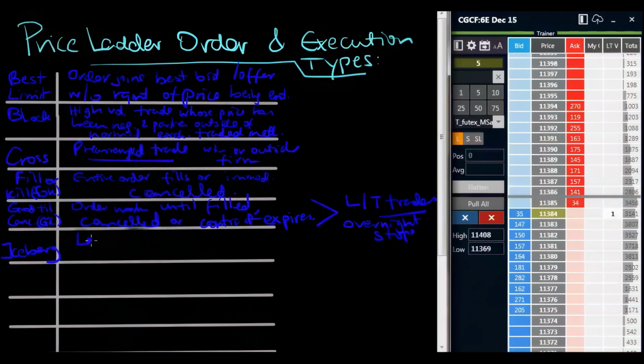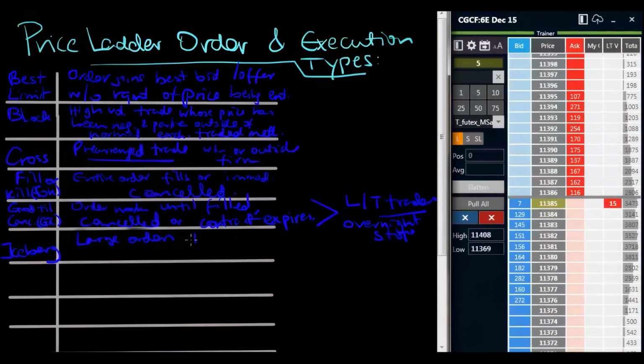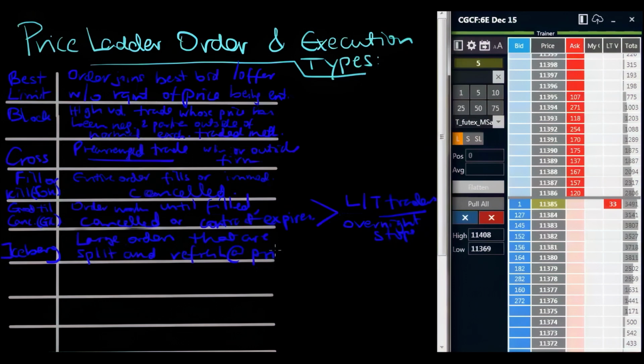It's a large order that is split and refreshes at price, as I just explained. Now, the next order type, quite an important, very simple order type, is the limit order.